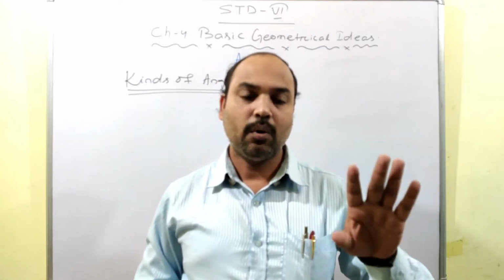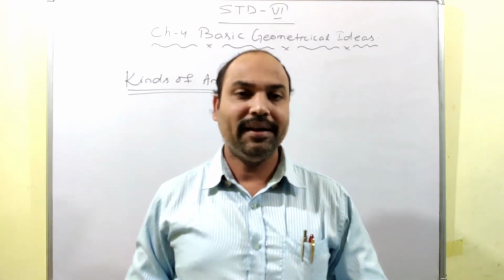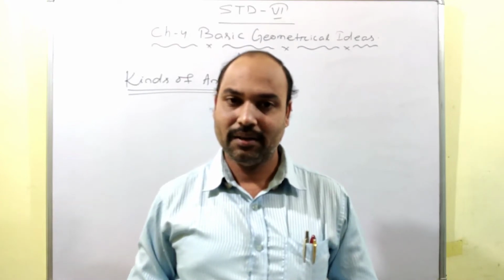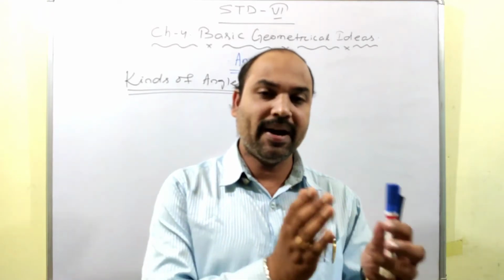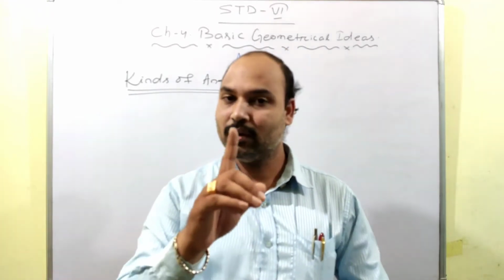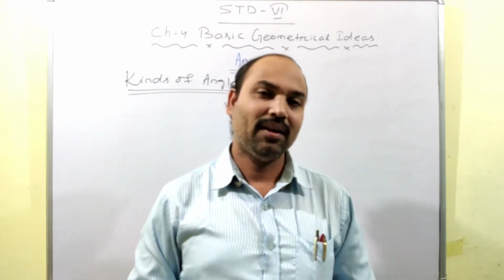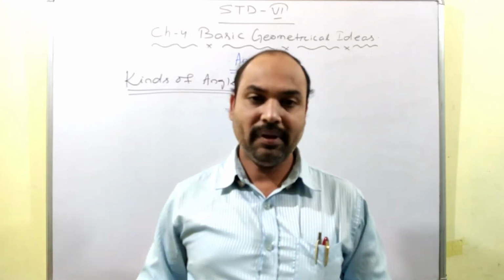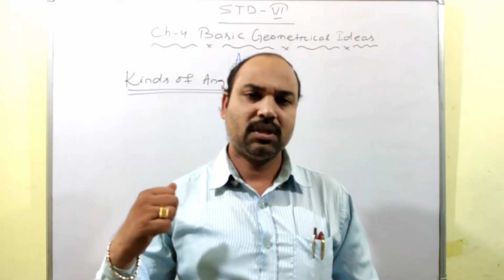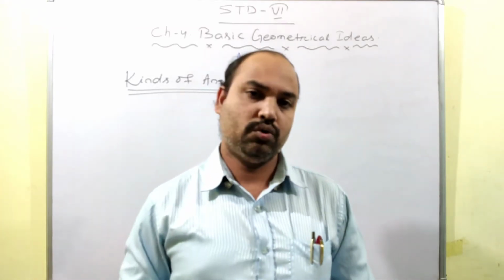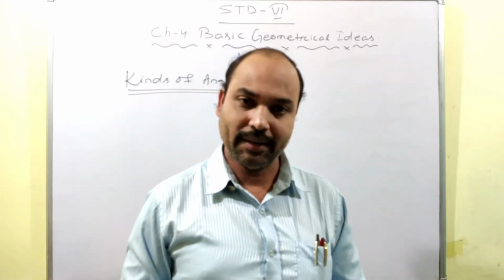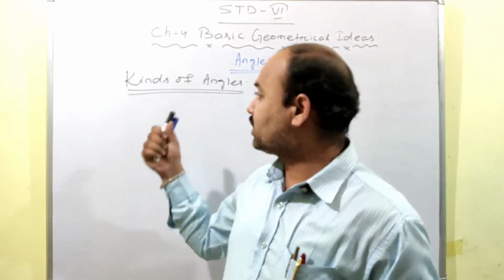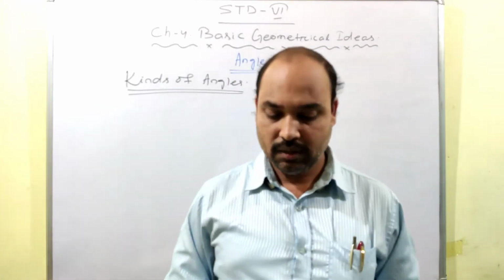We know the complete angle is 360 degrees. Yes or no? When 360 is divided by 360, you get 1 degree. So it is the most used unit of measurement, the degree. Now we will discuss the kinds of angles.